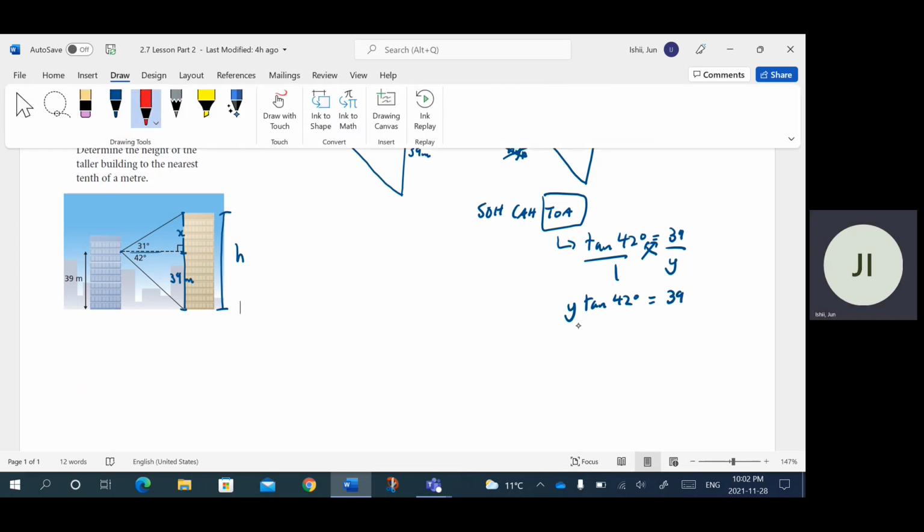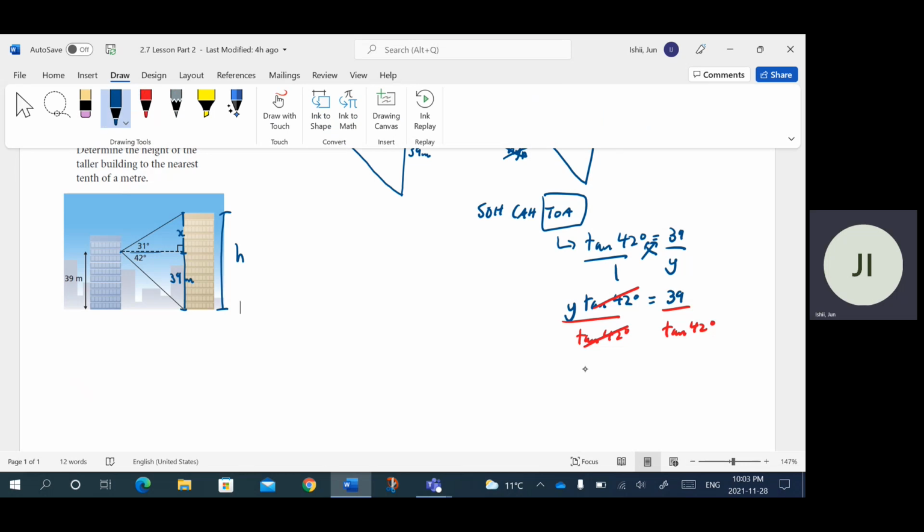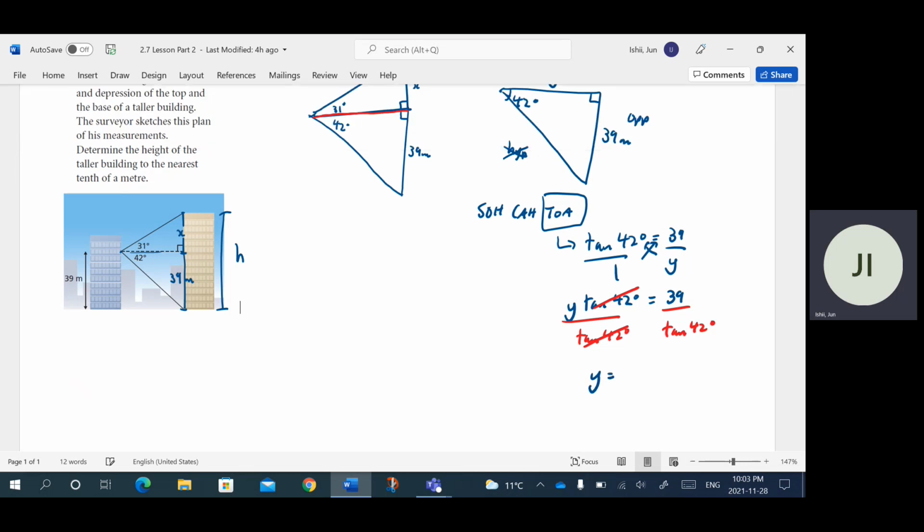Next, to solve for y, I'm going to divide both sides by tangent 42 degrees. These cancel on the left side, and as a result we get y equals 39 divided by tangent of 42.